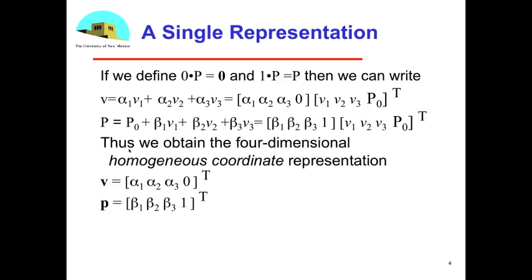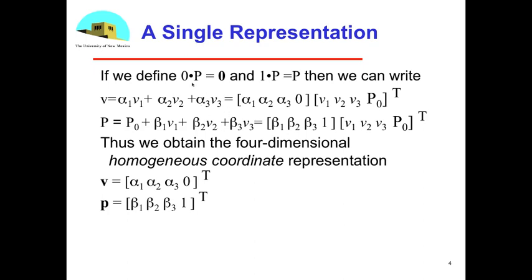So let's start with this. Suppose we go back to our representations of both points and vectors in a frame, using alphas for the representation of a given vector and using betas for the representation of a point. We could look at it in the following way, and here's a little bit of the trick.